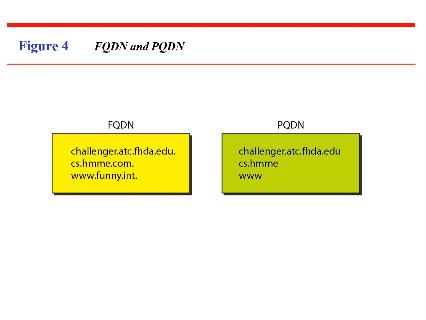Now let us look at the partially qualified domain name. A partially qualified domain name will not end with the dot. Here, challenger.atc.fhda stops at the domain itself. It is not navigating to the root. Here also the dot is missing. So this is called a partially qualified domain name.